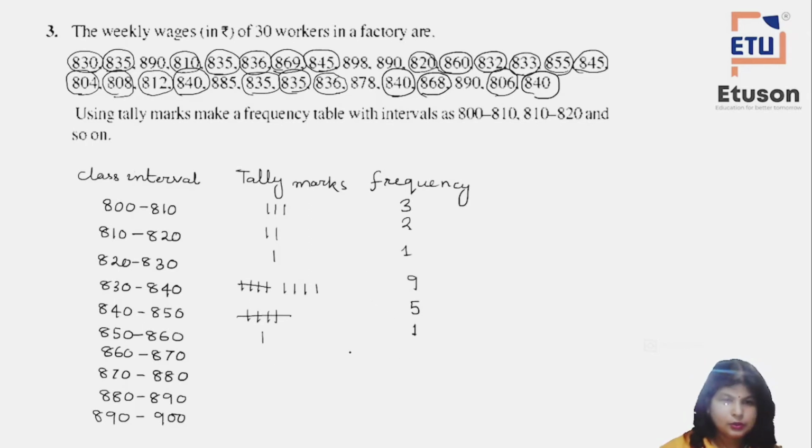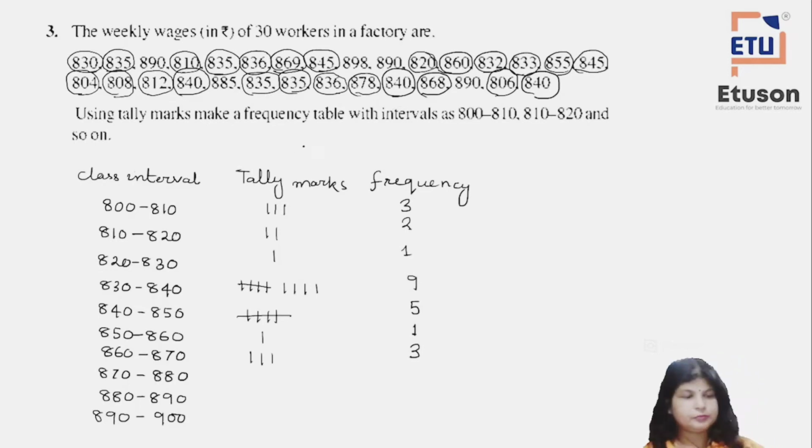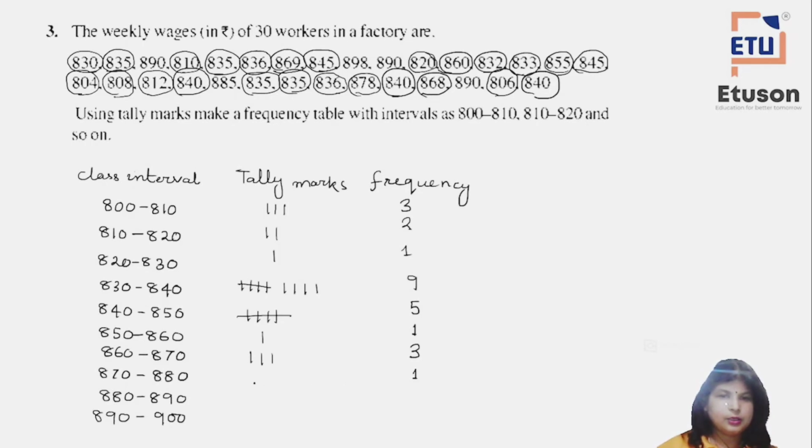Correct or not? Okay, so let me write 3. Then 870 to 880. So 878. Anything else? No. So it is 1 again, and the tally mark is 1.